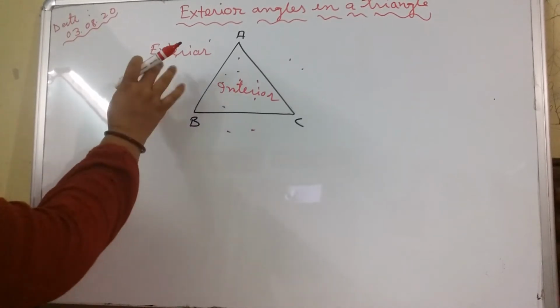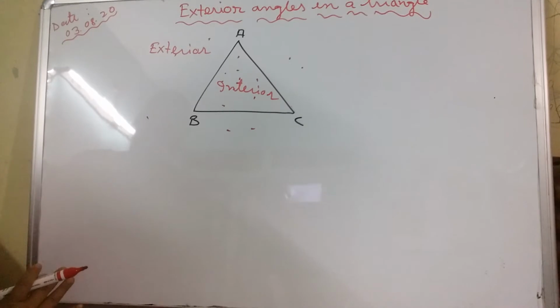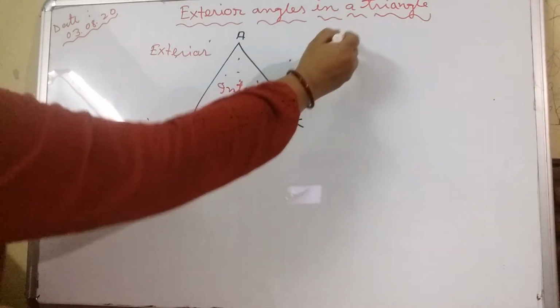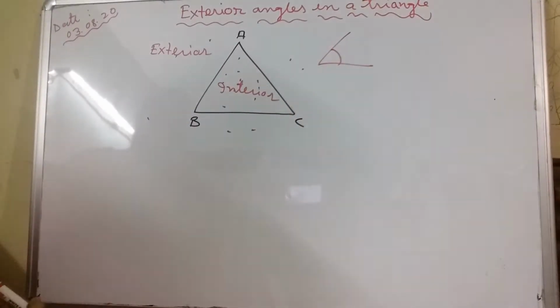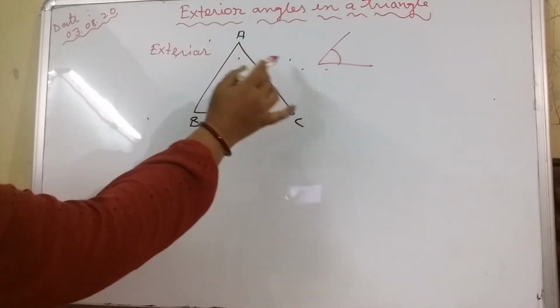Now exterior angles means that is outside of this triangle. Okay, say if I say this triangle, is it an exterior angle? No, it is not an exterior angle related to this triangle.